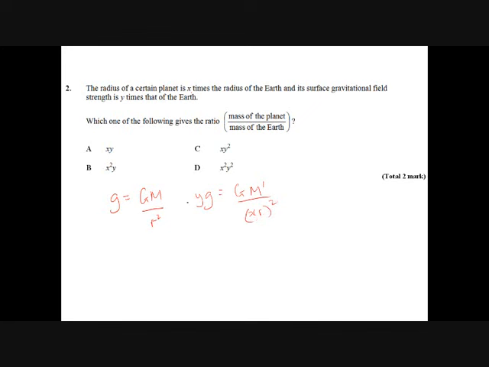Once you've written those two down, it might not seem particularly obvious where to go, but we need to get to some kind of M dash over M calculation. So I'd take this one and get M dash.